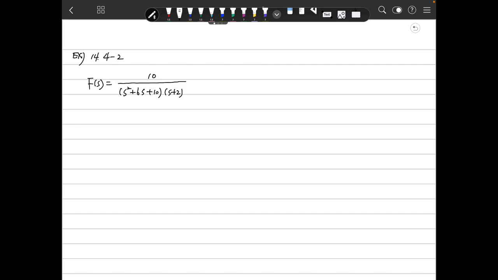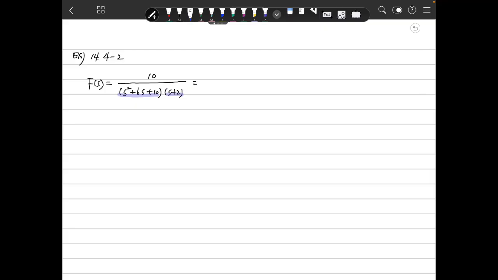We need to inverse Laplace F(s). So to do that, at first, what should we do? At first, we need to do partial expansions. Because there are second order equations and first order equations, we have 3 terms.